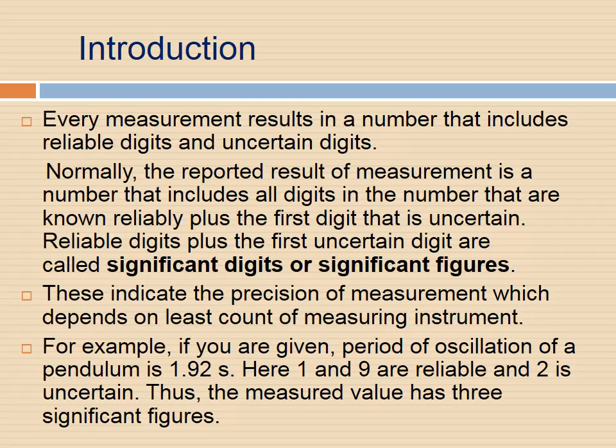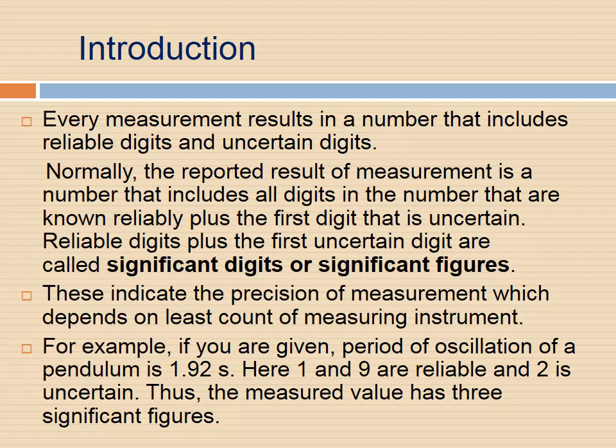So, every measurement results in a number that includes reliable digits and uncertain digits. What are reliable digits? Reliable digits are the digits which do not involve uncertainty or error. Then, uncertain digits are the digits which include errors, which means that they are not reliable.